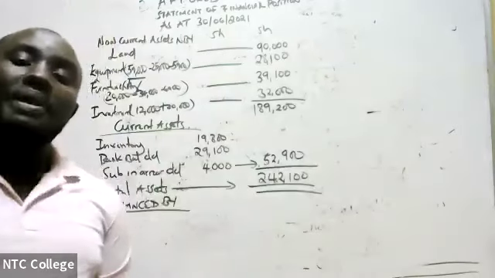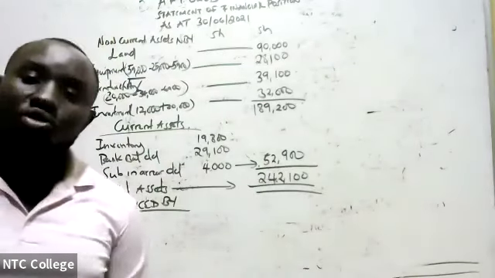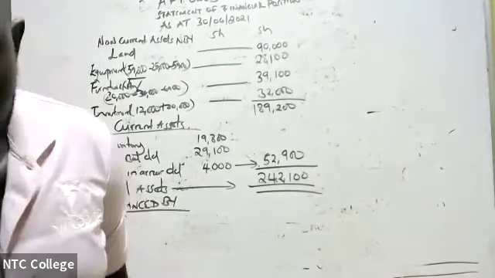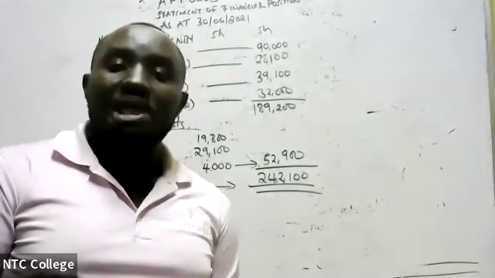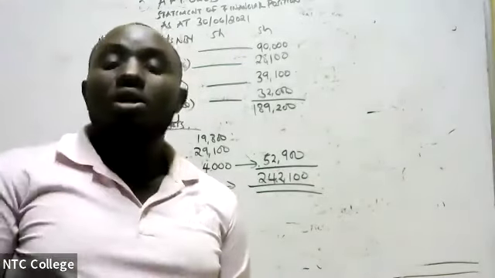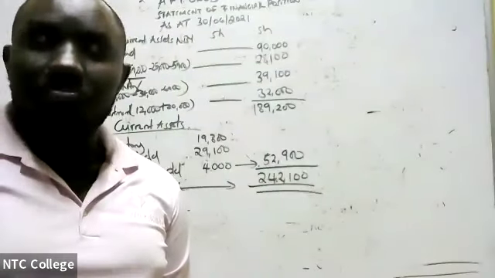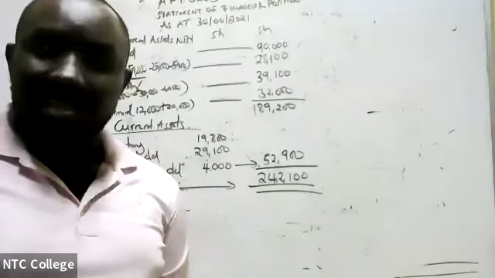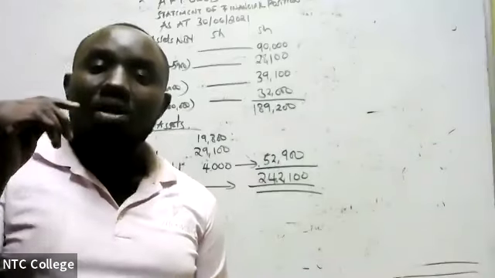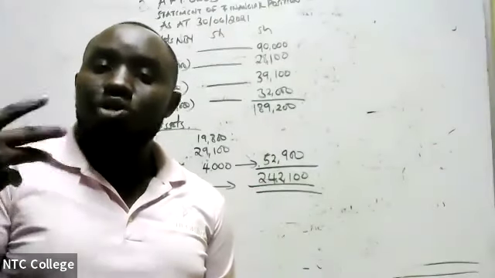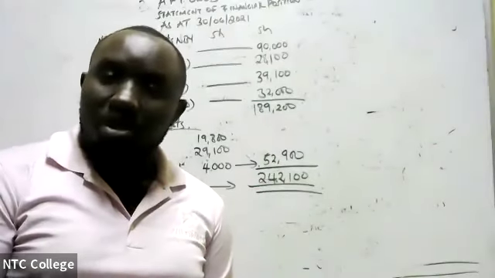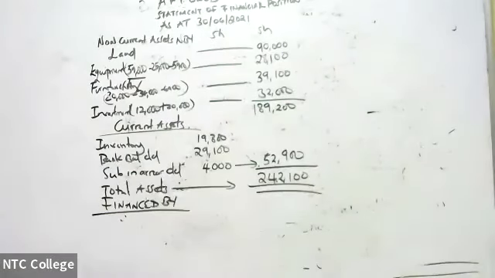For example, one of the major sources of funding for the NGO, if you read the notes, is member subscription. So these are like members' contributions. Members who are behind, who have not paid the subscription, those are like debtors. So debtors at the end are basically assets to the NGO.